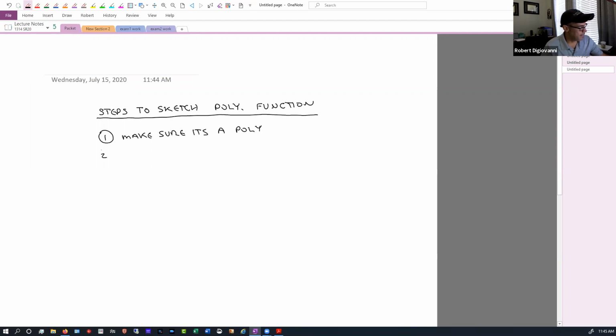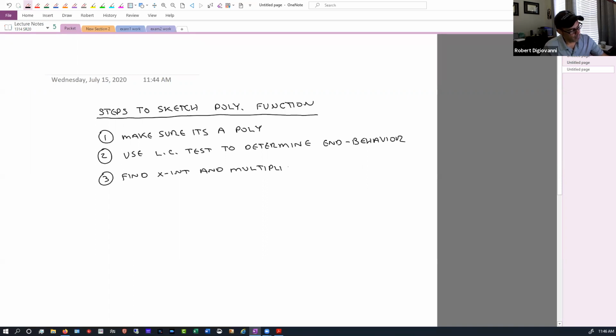Second step, use the leading coefficient test to determine end behavior. Third step, find the x-intercepts and the multiplicities of each one.